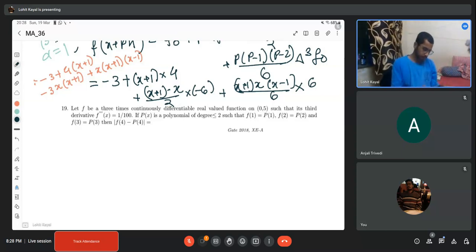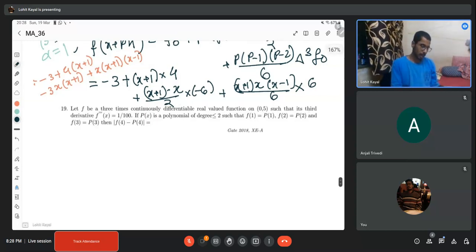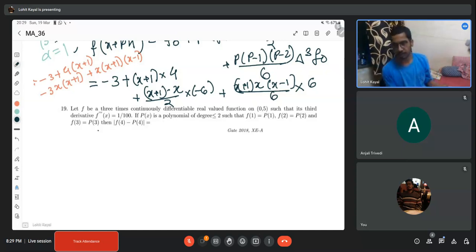Here you are told that f is a 3 times continuously differentiable real valued function on 0 to 5, such that its third derivative f triple prime x, that means d cube f by dx cube, is equal to 1 by 100. p(x) is a polynomial of degree less than or equal to 2, such that f1 equal to p1, f2 equal to p2, and f3 equal to p3. Then what is the absolute value of f4 minus p4?